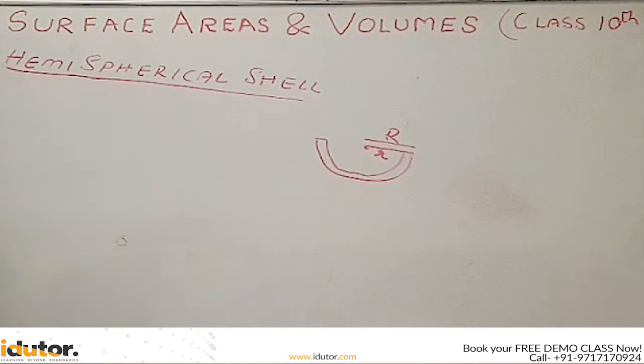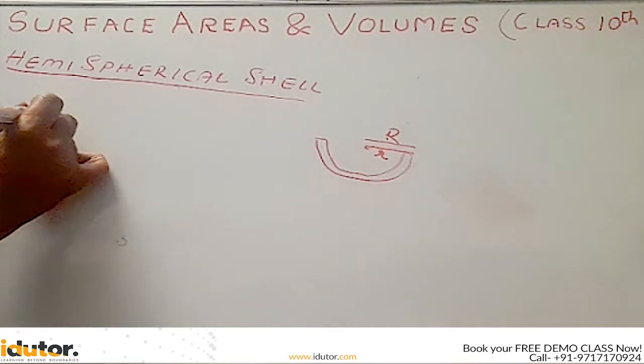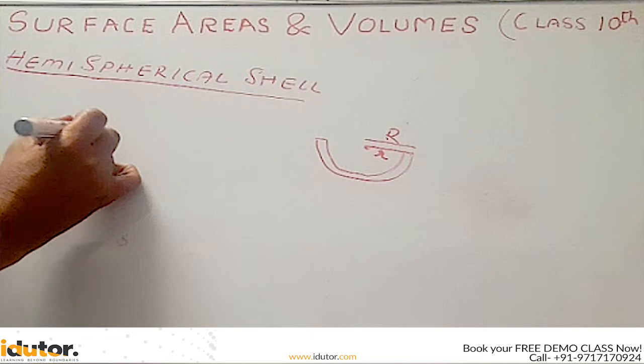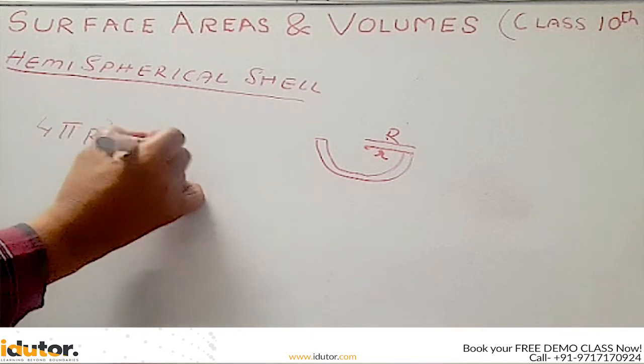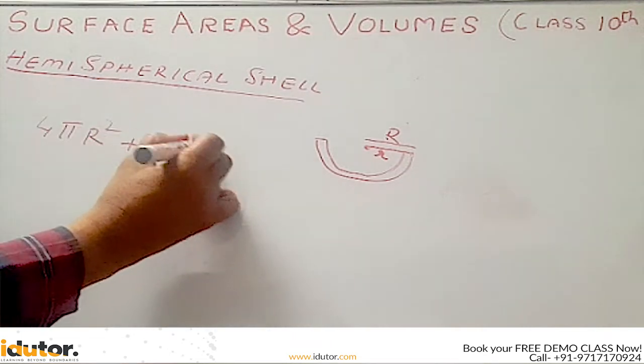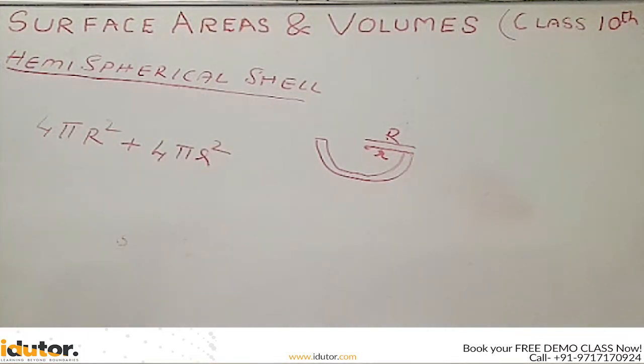Now here we have got the surface areas. How will we find out the surface area? Now it is 4 pi R square plus 4 pi r square. So why so?